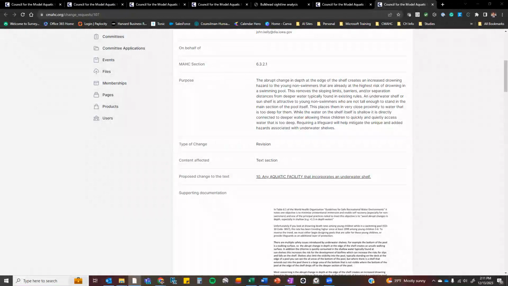Totally get that. But I think there's other applications where it just doesn't make sense to require them to have a lifeguard. It makes sense to require them to have a lifeguard, but it's just not where our culture is at currently.